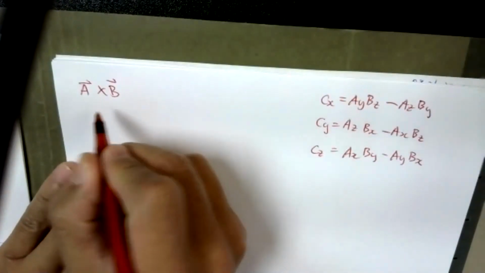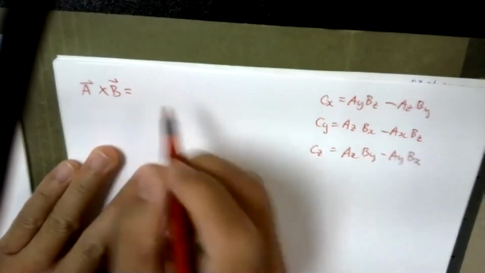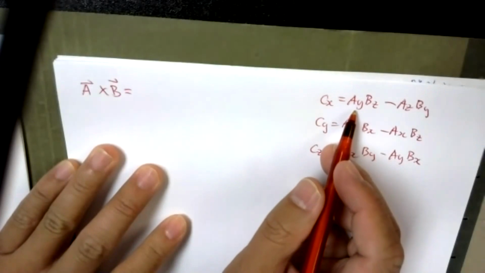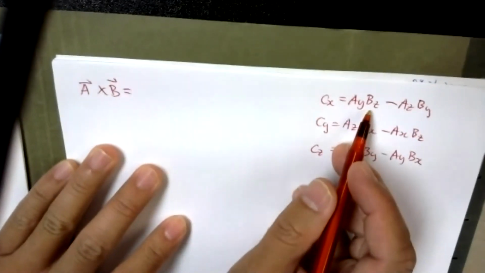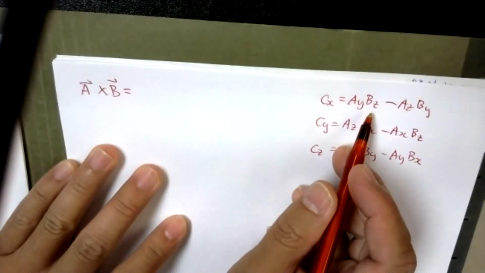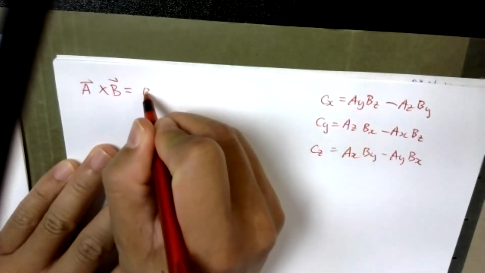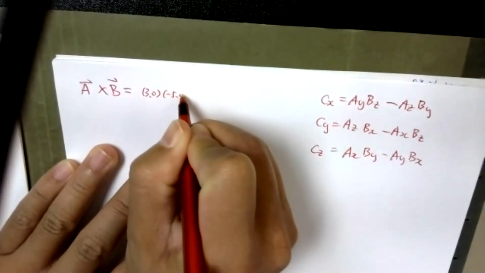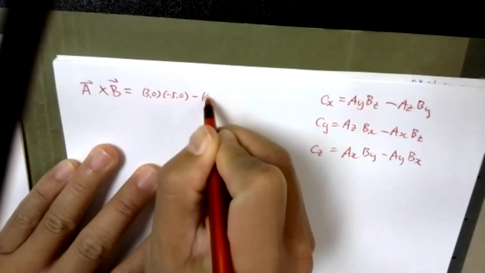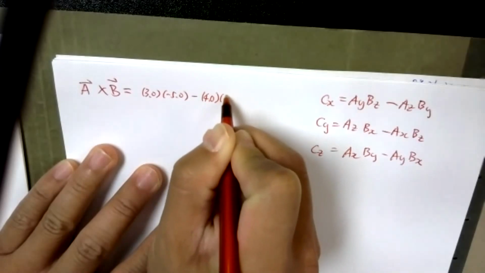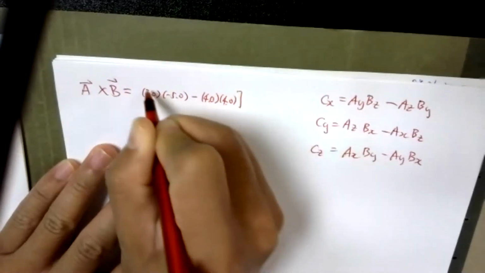So then we'll look at the x component. It should be Ay, Bz. Ay is 3, Bz is minus 5, okay? You can refer to your PowerPoint slide. So then this is 3 minus 5, minus Az is 4, and then By is also 4, okay?